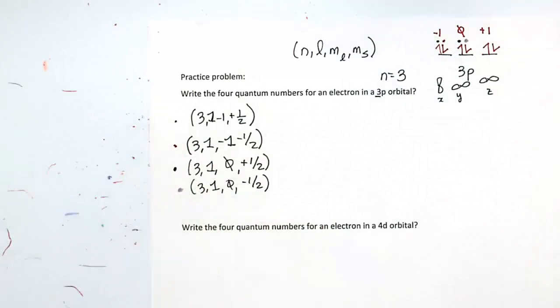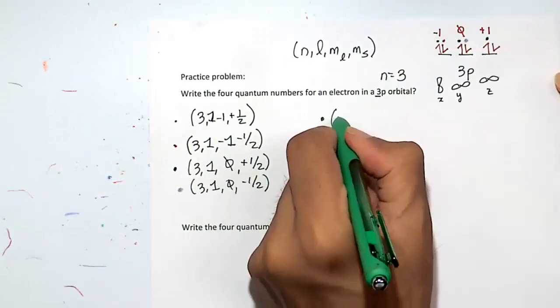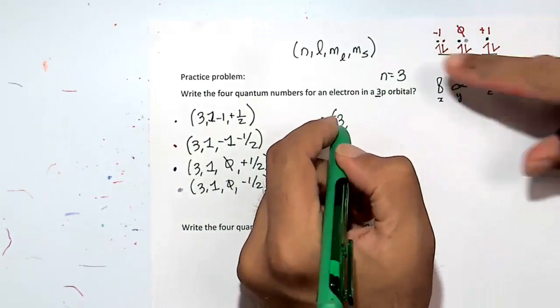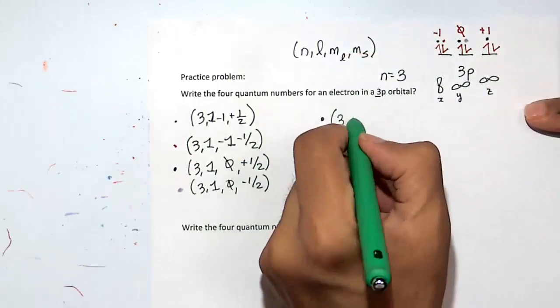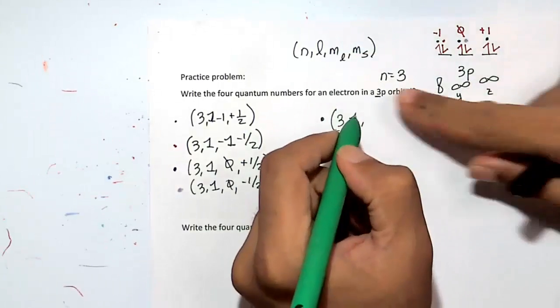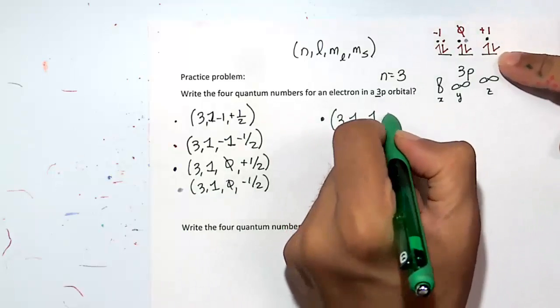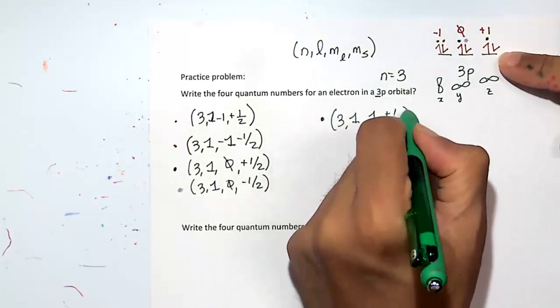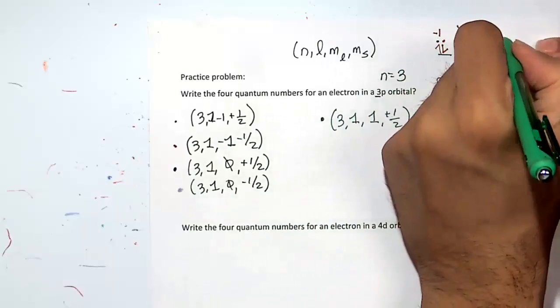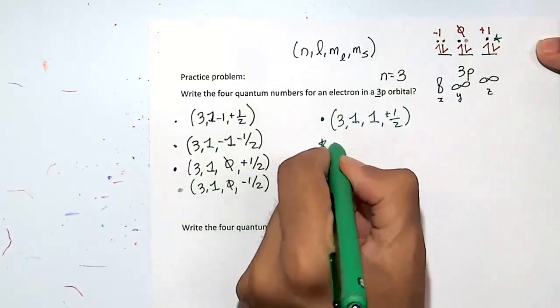All right, so we got 4. We got 2 more to go. Let's make this one green. Principal quantum number is 3. For a p orbital, L equals 1. M sub L, this is now in the 1 slot, and it's spin up, so that's plus 1/2. Let's make this electron a star.